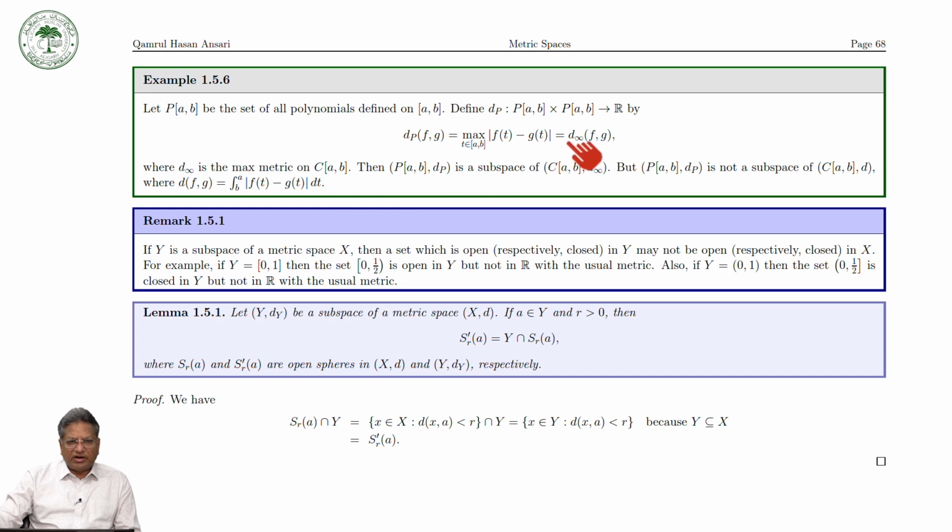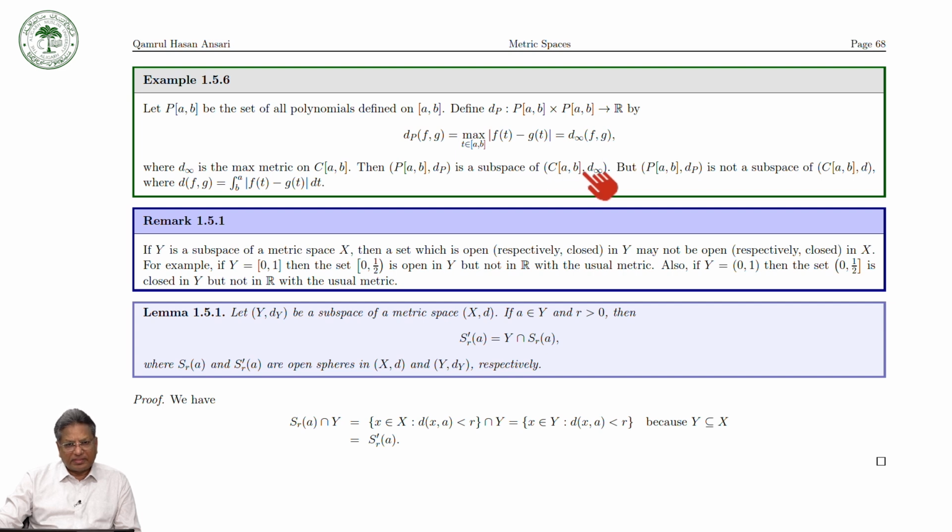So you can say that P[a,b] with d_p is a subspace of C[a,b] with the d infinity metric, because P[a,b] is a subset of C[a,b] and d_p is the restriction of d infinity.